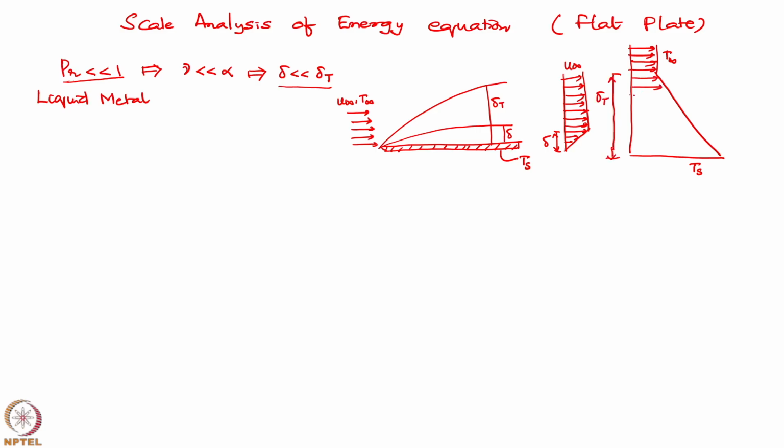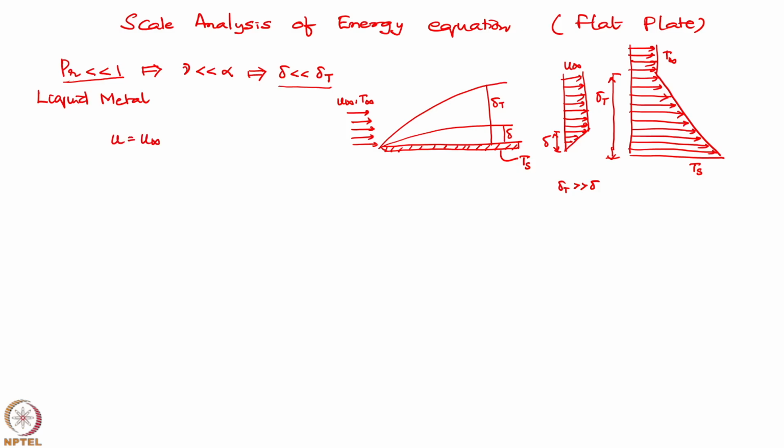One of the interesting things you can see here is that because delta is very much less than delta T, within the thermal boundary layer thickness, one can assume that the velocity is equal to u infinity.